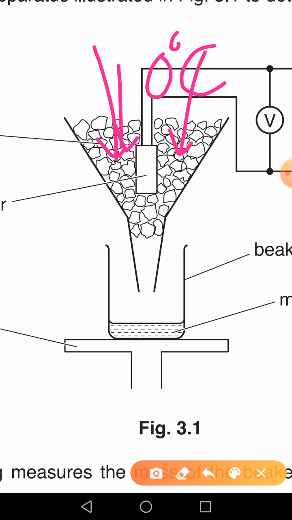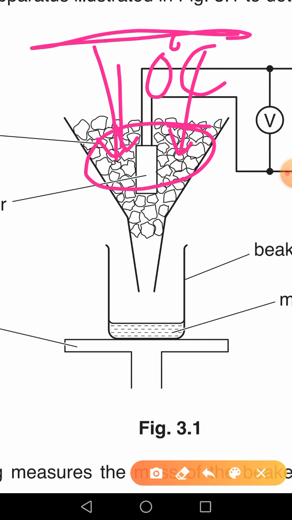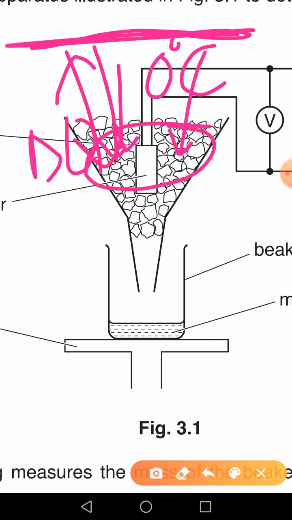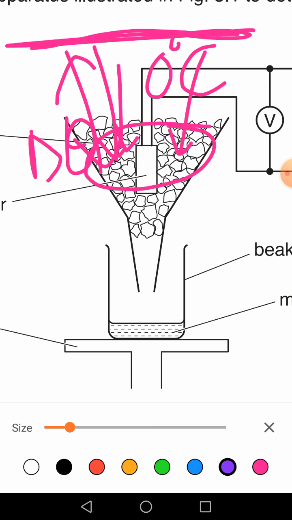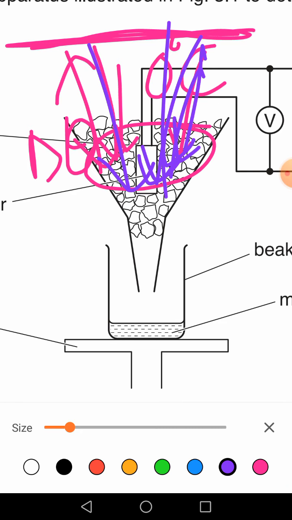Now since the ice here is always at 0 degrees Celsius and the temperature of the surrounding is fixed, the temperature difference, we can call it delta theta, between the surrounding and the ice is also fixed. So that's why the rate of flow of heat energy from the surrounding into the ice is also fixed.